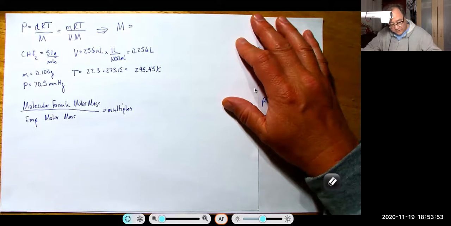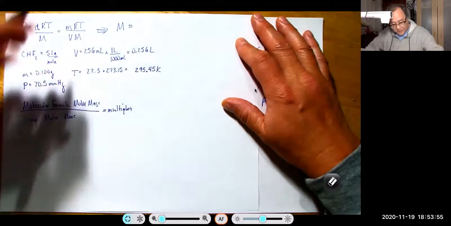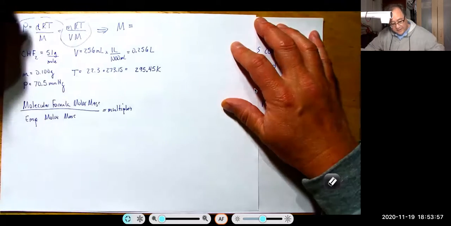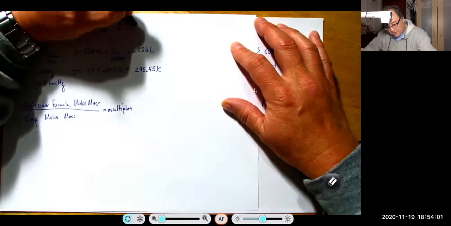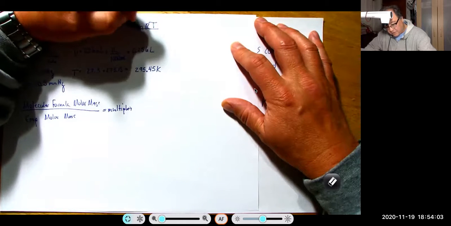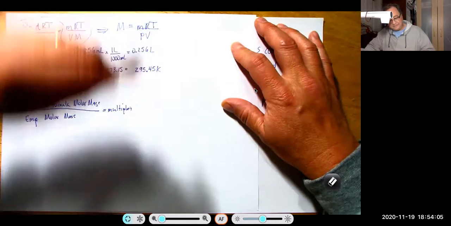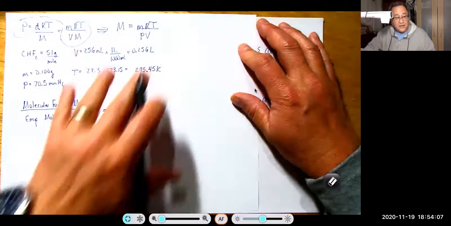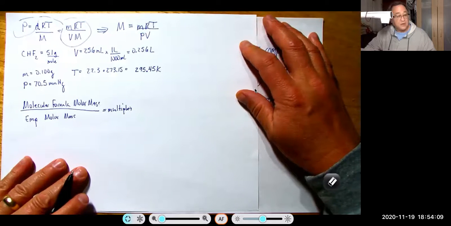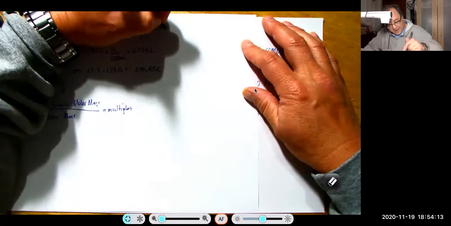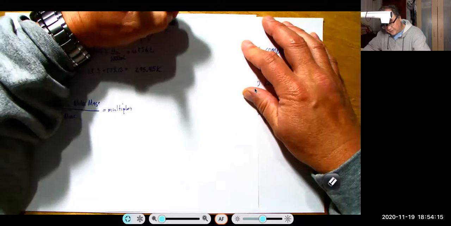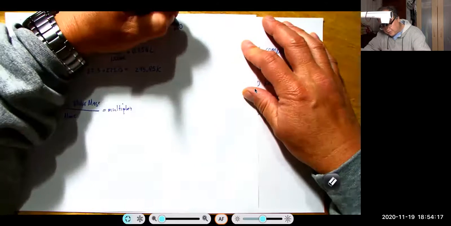So let's get to work here. So I'm going to rearrange this equation, and I'm going to get that the molar mass is little m RT over PV. Now, if I've done this correctly, when I'm done, I should get grams per mole. So let's find out. The mass is 0.100 grams.